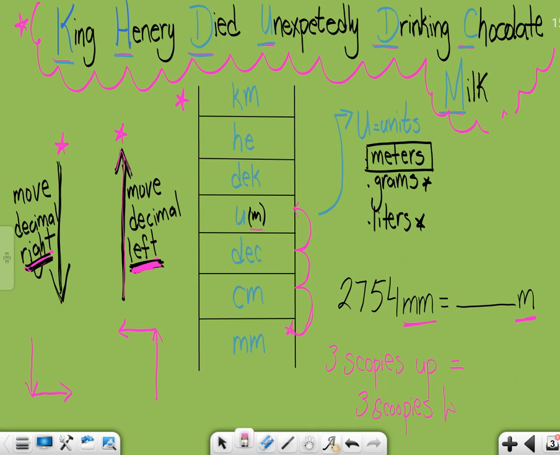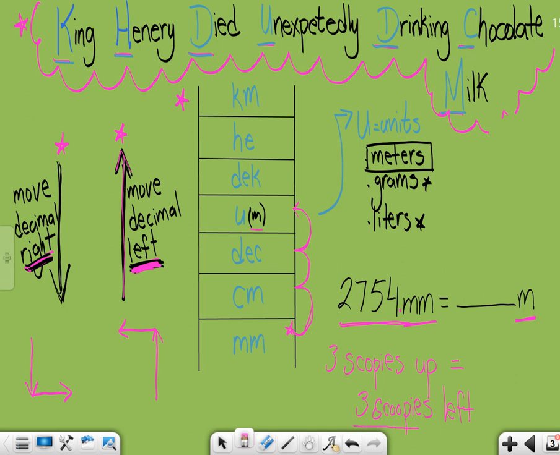So 3 Scoobies left. Okay, so right now, where's my decimal? And you probably noticed there's no actual decimal written in. So in my head a light bulb should be going off saying, okay, there's no decimal written, but there is an invisible decimal. And the invisible decimal happens to be right here, right next to the ones.